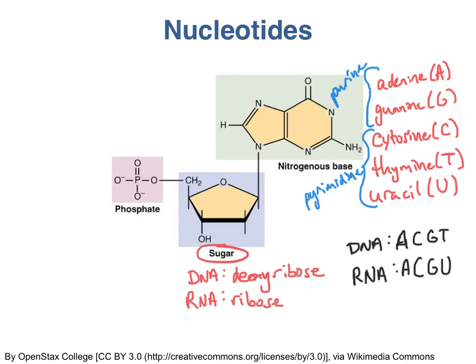Now, nucleotides are the monomers of DNA and RNA. So when you attach nucleotides together, you get an alternating backbone of sugar, phosphate, sugar, phosphate, sugar, phosphate, sugar, phosphate. Just one more for kicks.